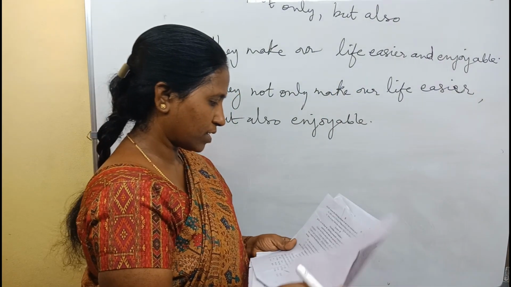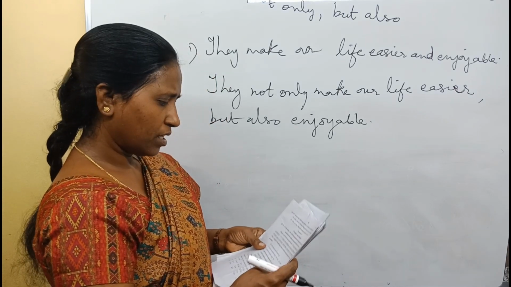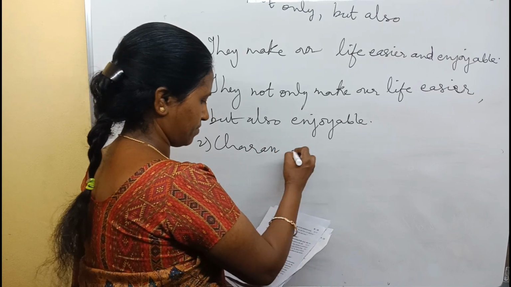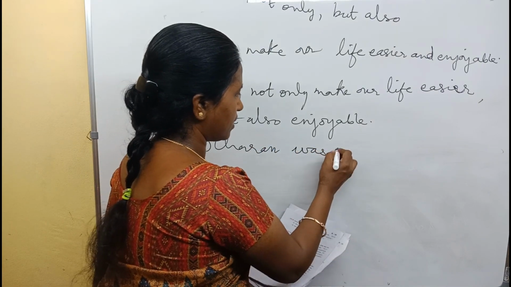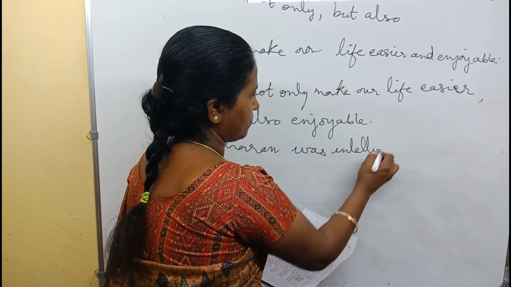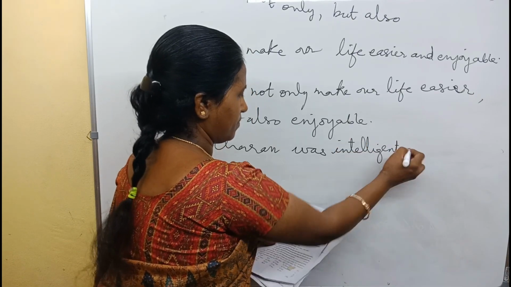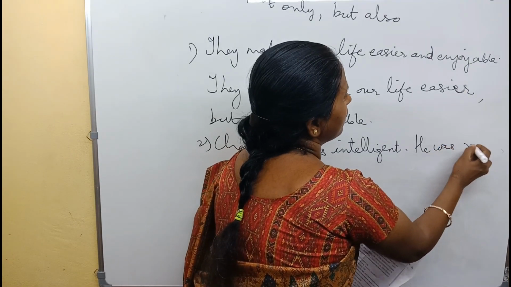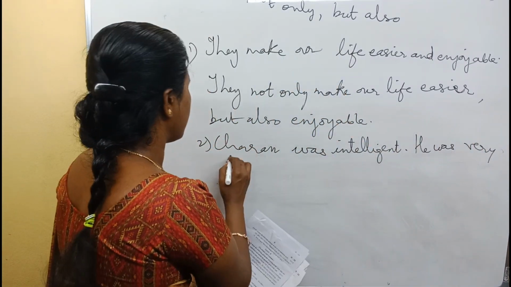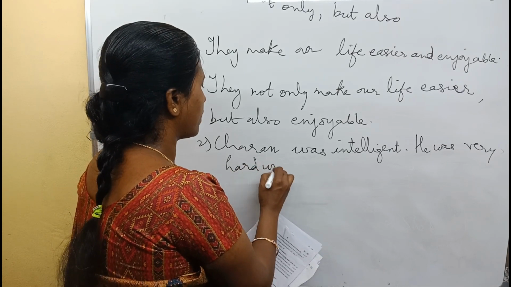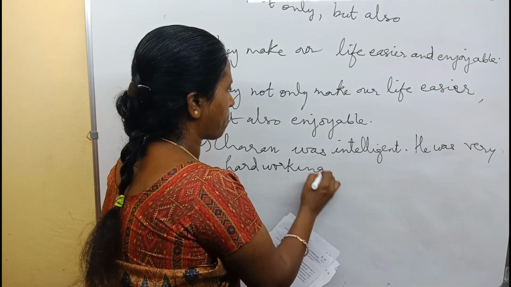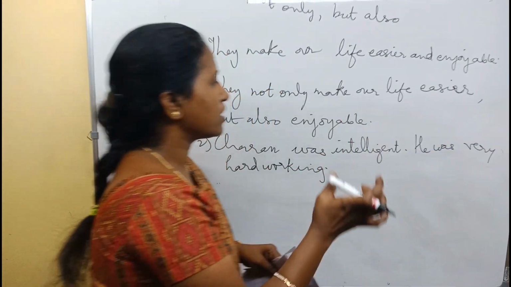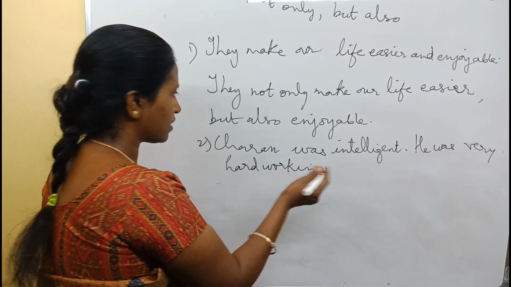Okay, second one. Here, Charan was intelligent. He was very hardworking. Here we have two different sentences. Okay, now we have to combine them. Okay, if you see, Charan was, he was. So this one we will keep as the common one.